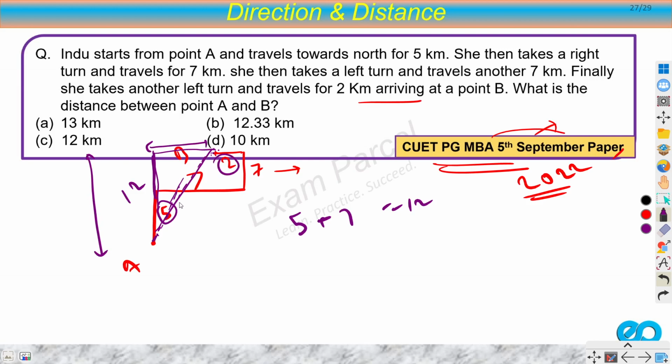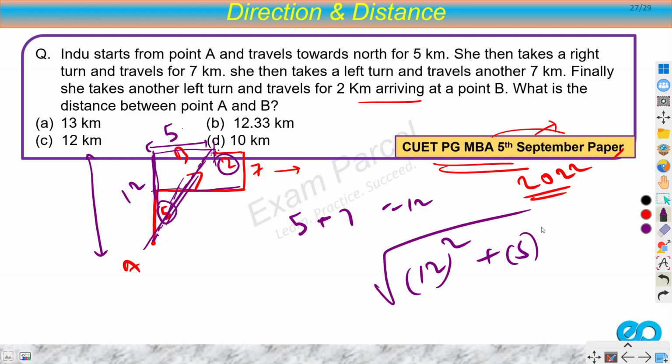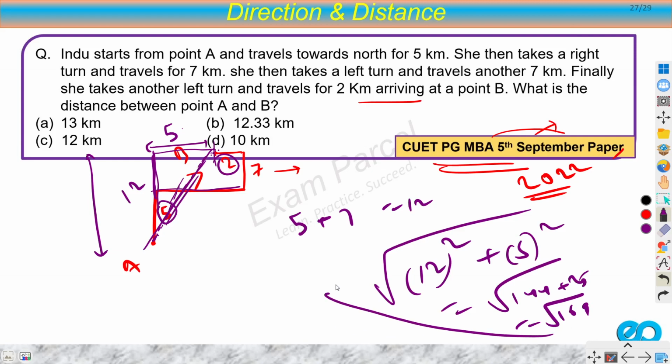So this is 2 and overall it is 7. So basically 2 will be subtracted. So this is 5, 7 minus 2. So we have 12 and 5 and we want this hypotenuse. So Pythagoras theorem says square root of 12 square plus 5 square. 144 plus 25, 169. And 169 is nothing but 13 kilometers, option.